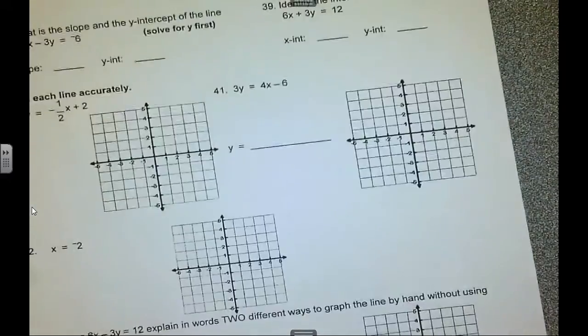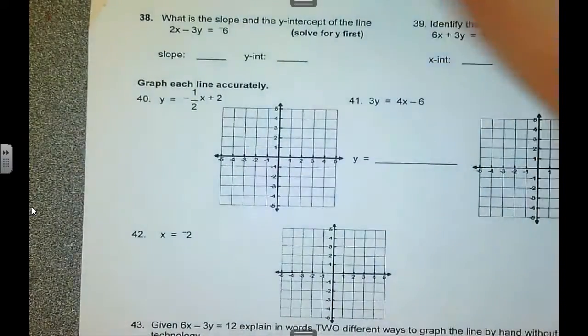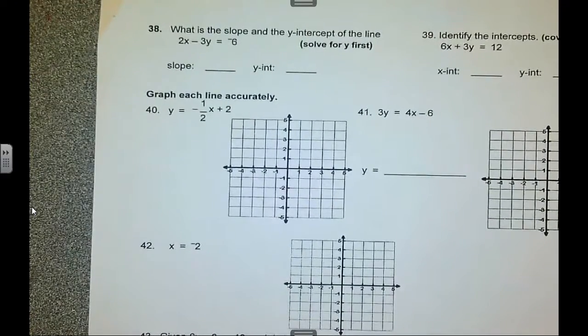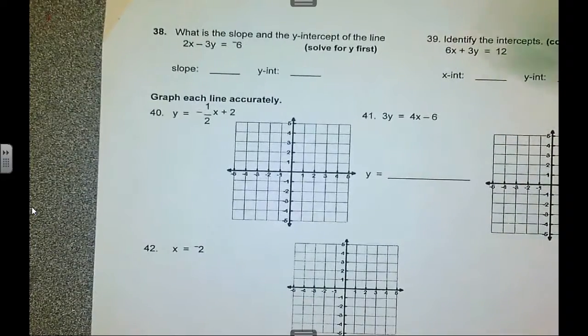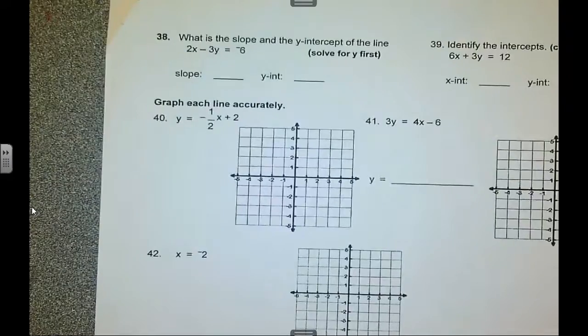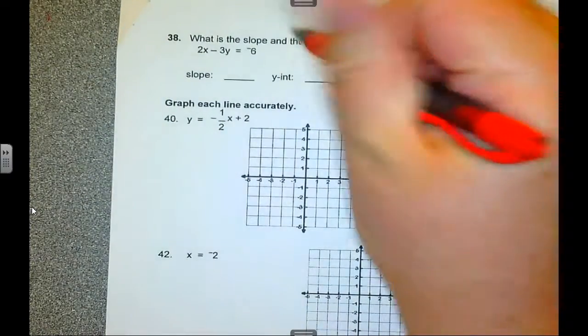Last page. 38. You have to solve for y. Correct? Wrong. Because you want it in y equals mx plus b form.